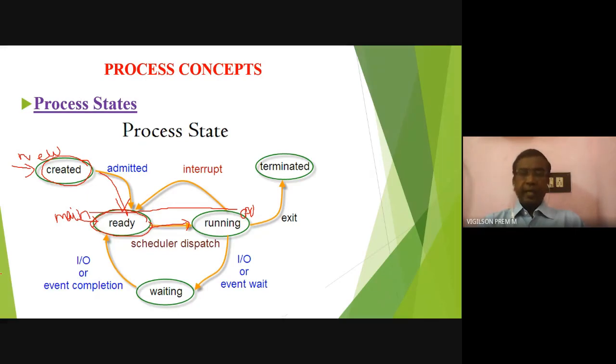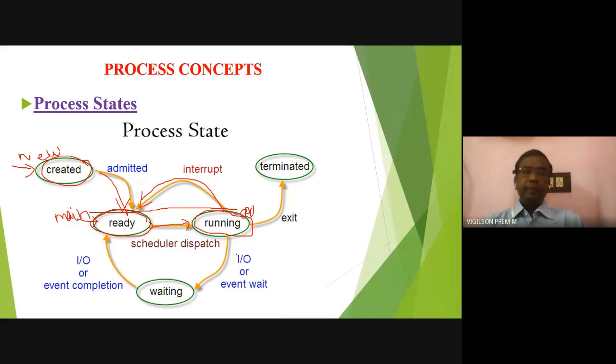At the time of the running state, there are two possibilities of going to another state. One possibility is interrupt. Already we have discussed interrupts. Interrupt means it is running correctly, but the operating system wants some other work to be done immediately, so it is suspending the current process.